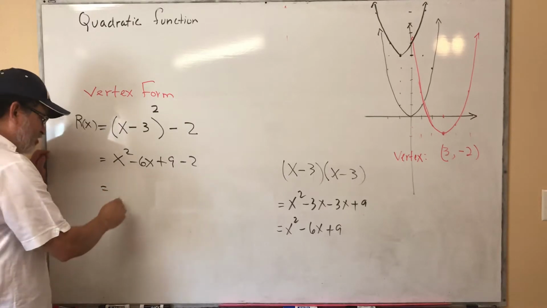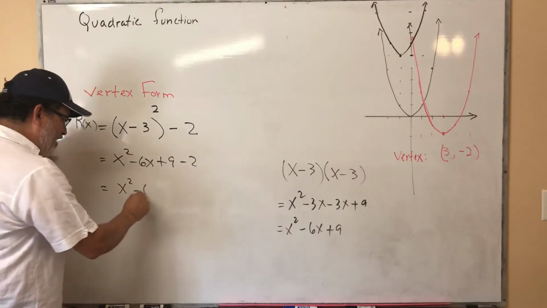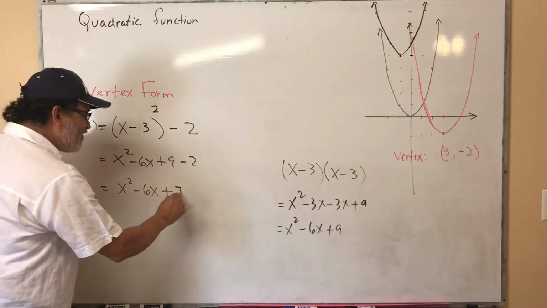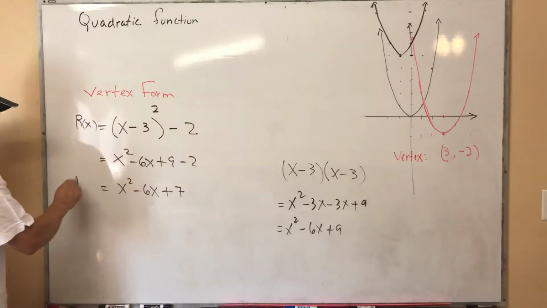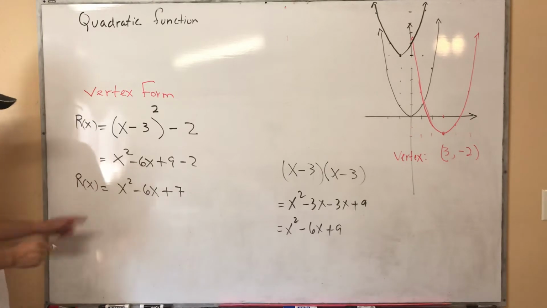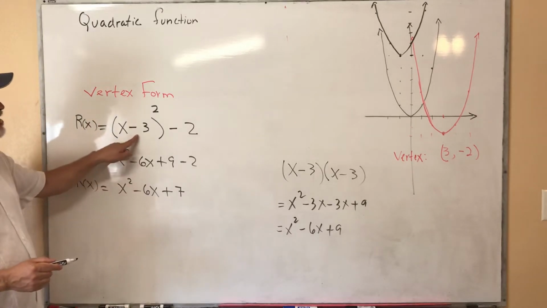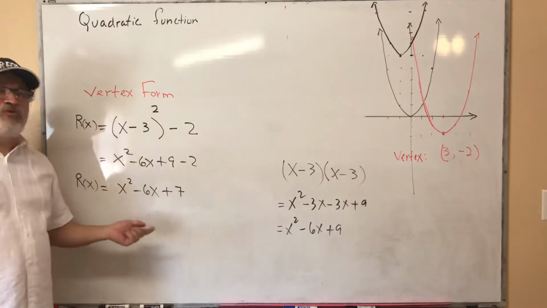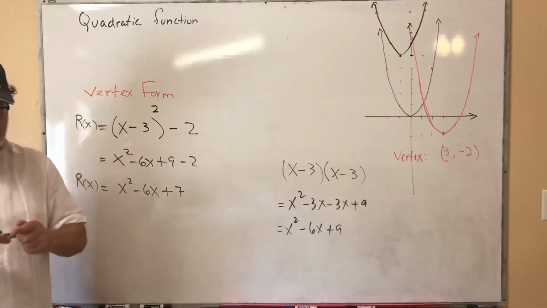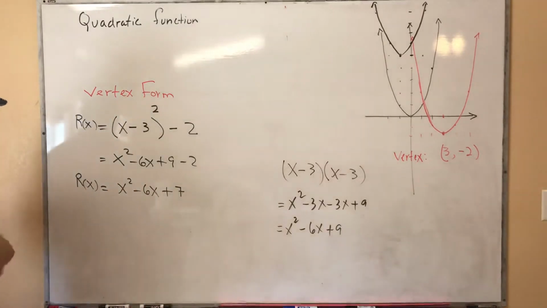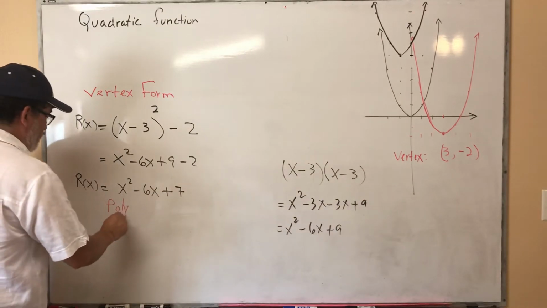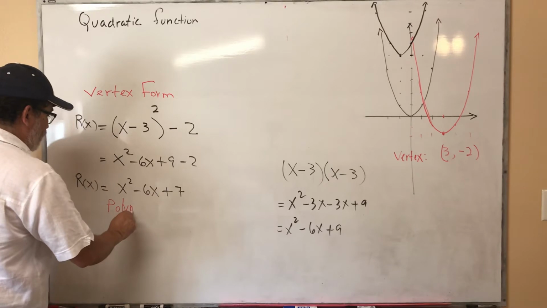Now this is going to be x squared minus 6x plus 7. And so therefore, this is r of x. This is no longer in vertex form. I'm going to say this is in polynomial form. Okay? Call this polynomial. That's what I'm calling it. I don't know if the book calls it that way. Polynomial form.